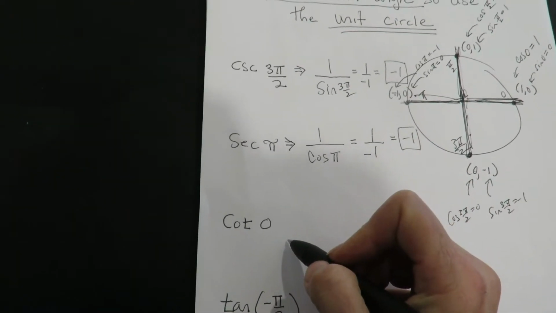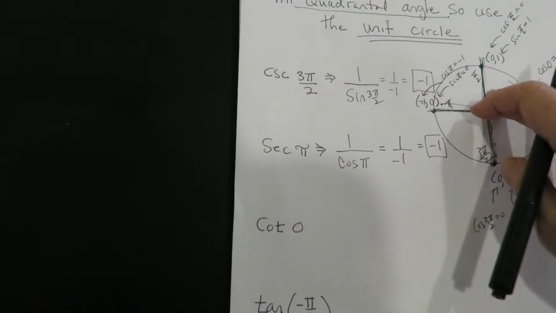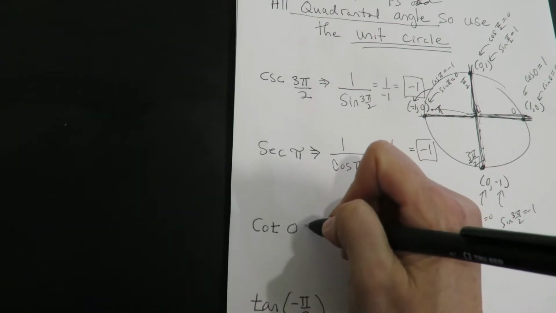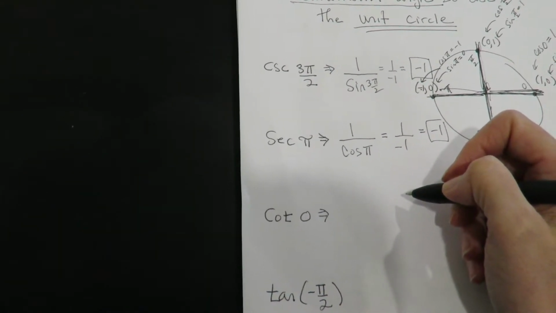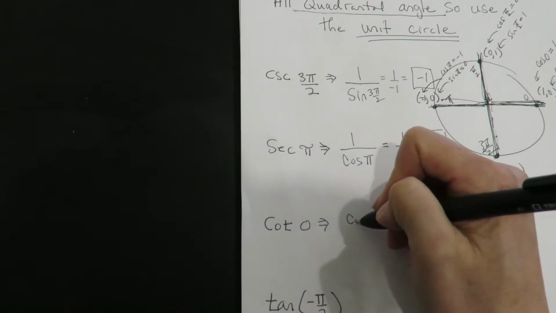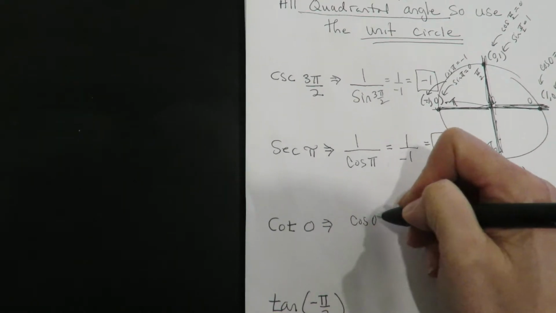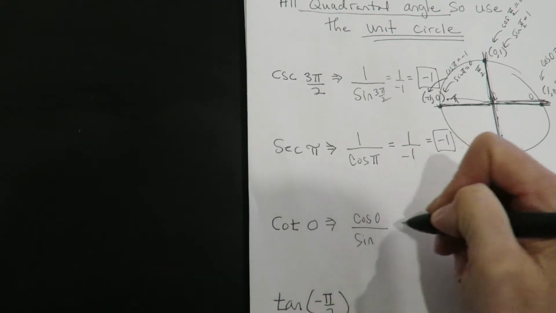Okay, now the cotangent. Again, I have to convert it to sines and cosines so I can use the unit circle. This time I'm going to use the quotient identity. The quotient identity is the cosine of the angle over the sine of the angle.